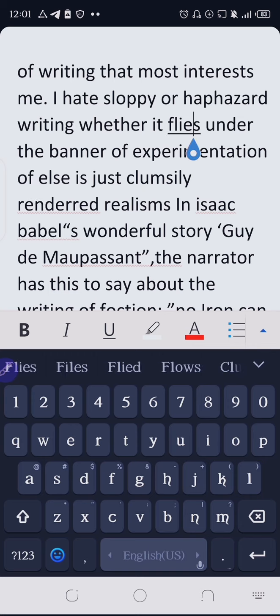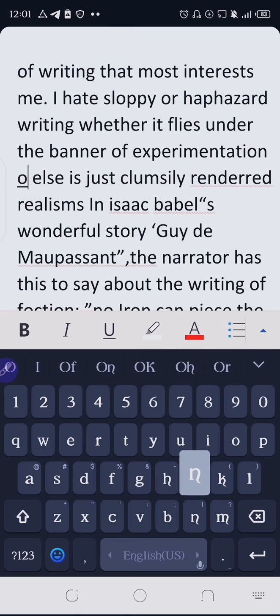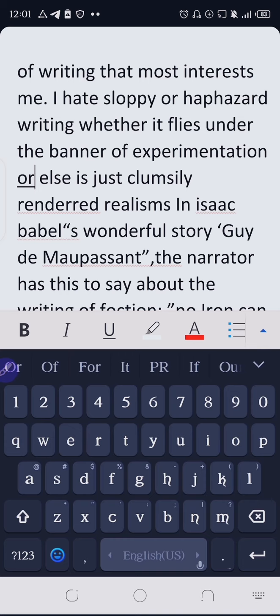Whether it flies under the banner of experimentation or else is just clumsily rendered realism. Okay, so it's not off, it should be on. Not on, off, or rather, the banner of experimentation or else is just clumsily rendered realism.